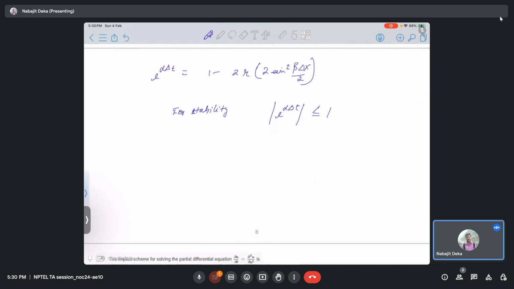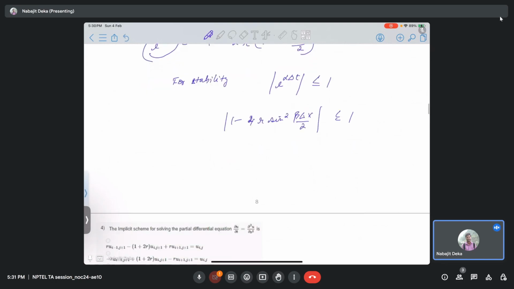Now we have this e to the alpha delta t, so 1 minus 4 r sine square beta delta x by 2, with magnitude less than 1.